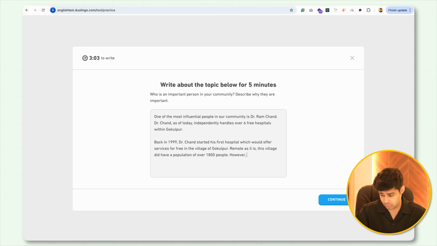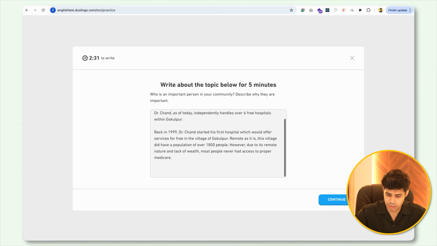However, due to its remote nature, most people never had access to proper medical care. Due to its remote nature and lack of wealth, people are not very wealthy, so we can just say lack of wealth, if that makes it easy, right?